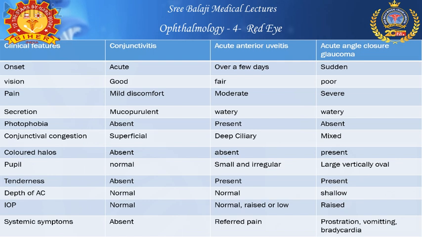Normal, raised or low in case of acute anterior uveitis, and very high in case of acute angle closure glaucoma. Systemic symptoms are absent in case of acute conjunctivitis. Sometimes referred pain can be present. Brow ache can be present in case of acute anterior uveitis. Prostration and vomiting and even abdominal pain can be present in case of acute angle closure glaucoma.